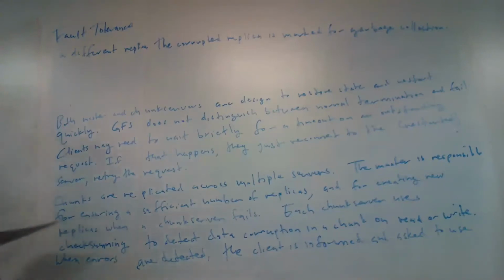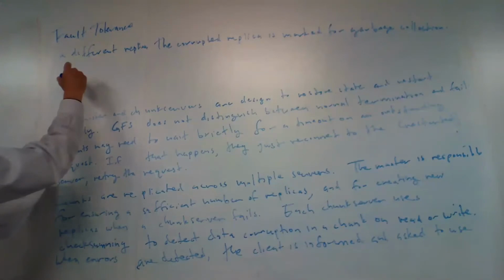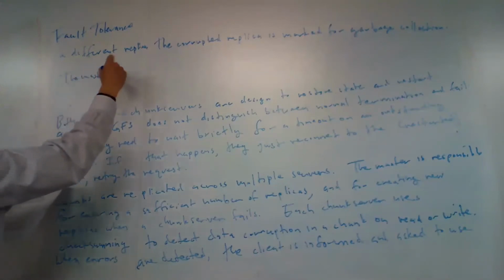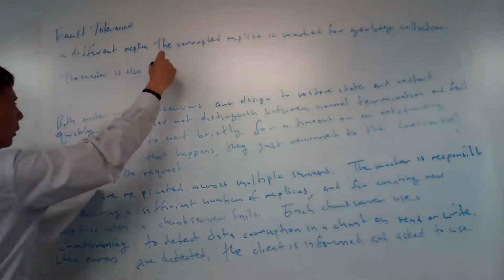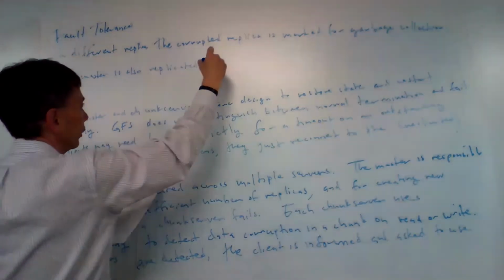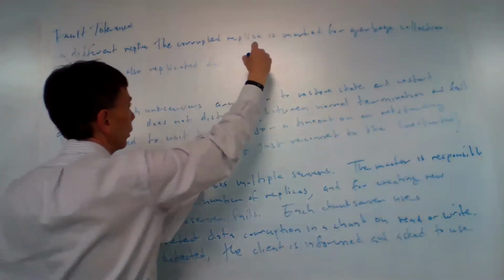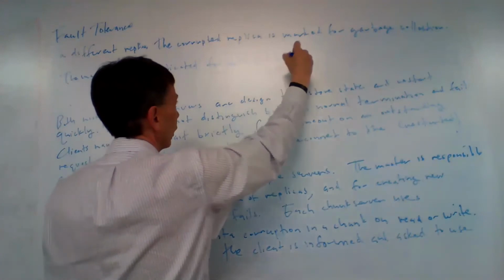Okay. Now, what about the master? This is always a problem with these distributed file systems, is that if the master goes down, all hell breaks loose. And so the master is also replicated for reliability. Okay.